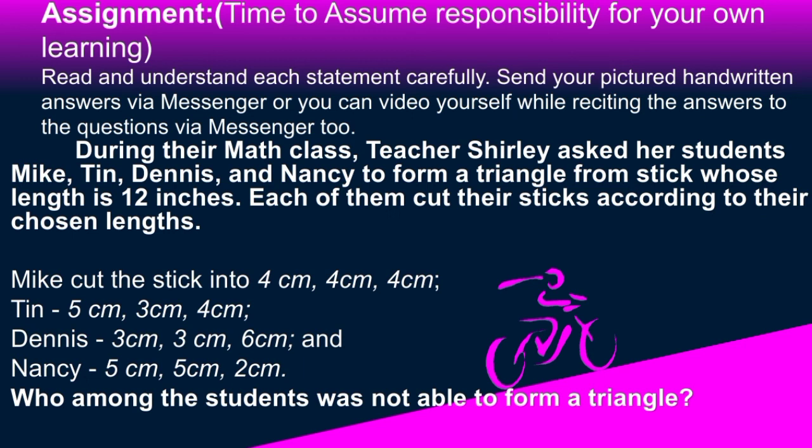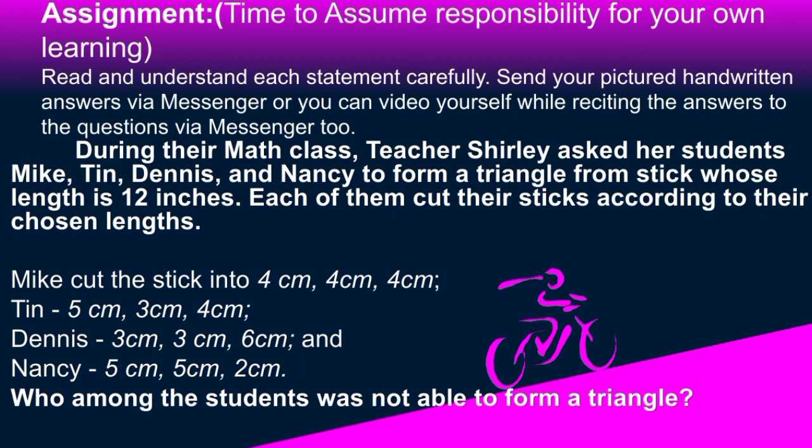Mike cut the stick into 4 centimeters, 4 centimeters, and 4 centimeters, while Teen cut the stick into 5 centimeters, 3 centimeters, and 4 centimeters. Dennis cut the stick into 3 centimeters, 3 centimeters, and 6 centimeters, while Nancy cut the stick into 5 centimeters, 5 centimeters, and 2 centimeters.